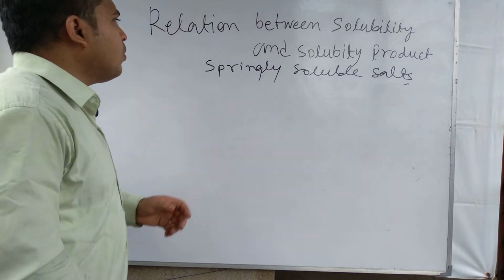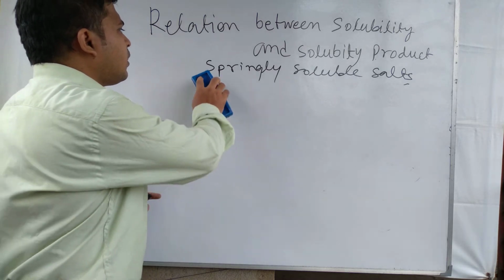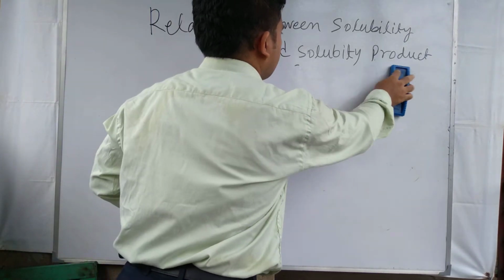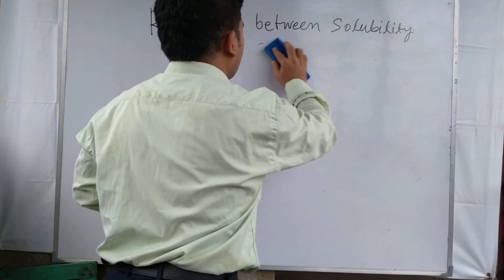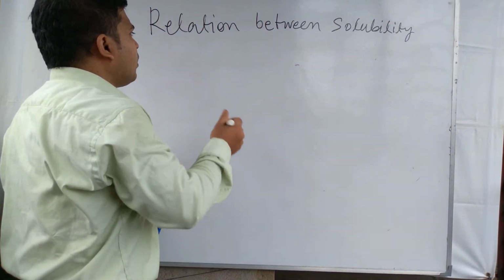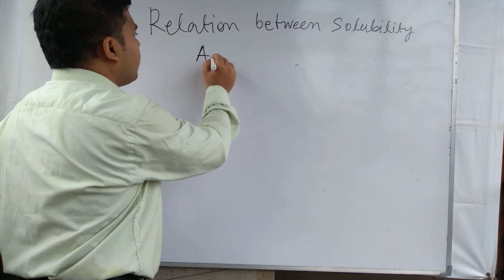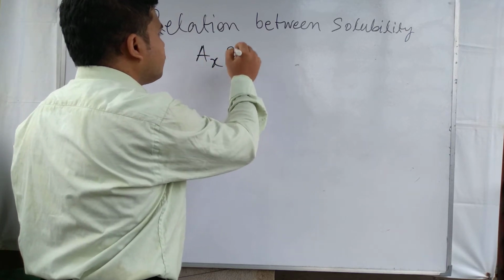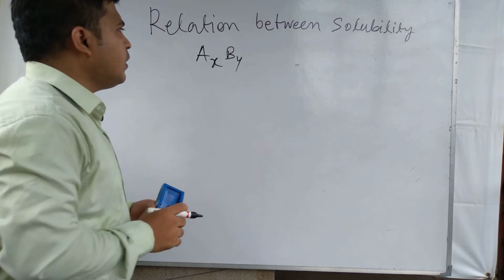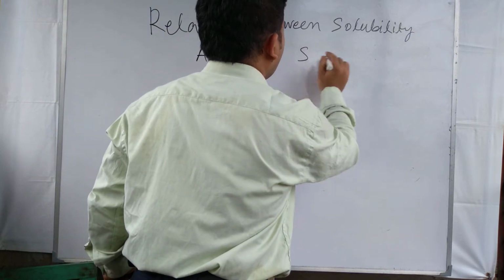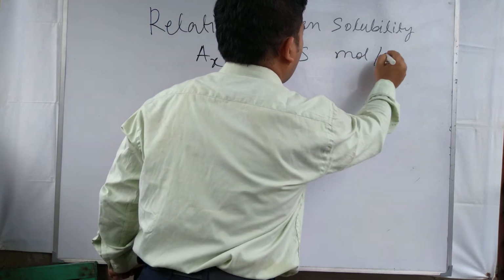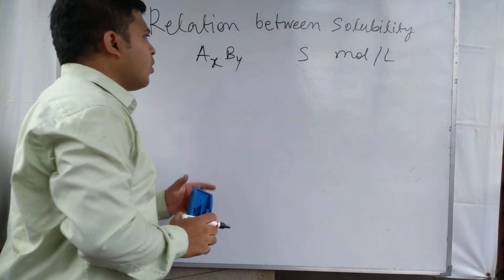Okay, so let's start our discussion. Suppose a sparingly soluble salt AxBy, and it has the solubility of S mole per liter.